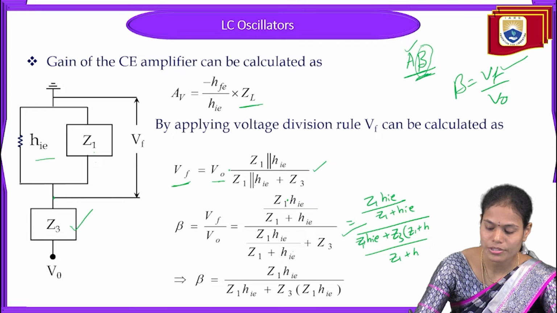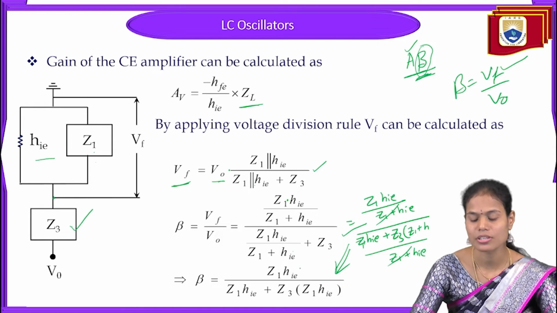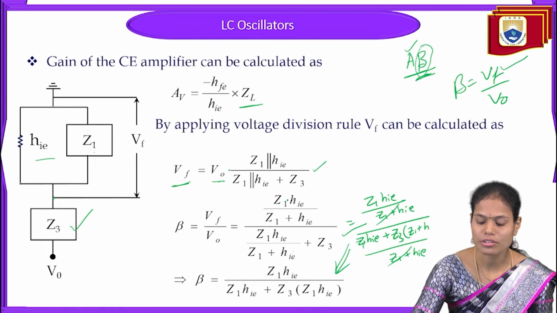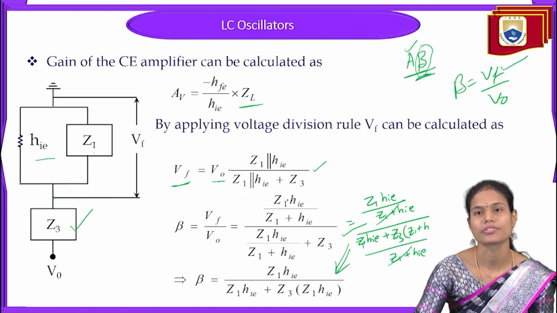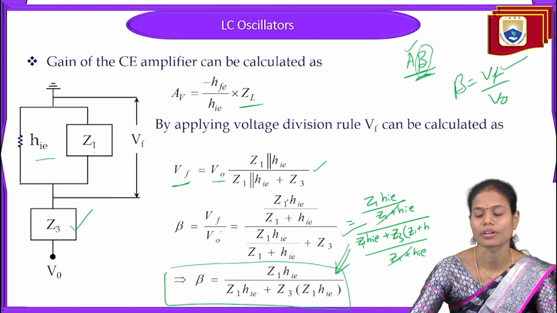This is the feedback ratio, VF by V naught.